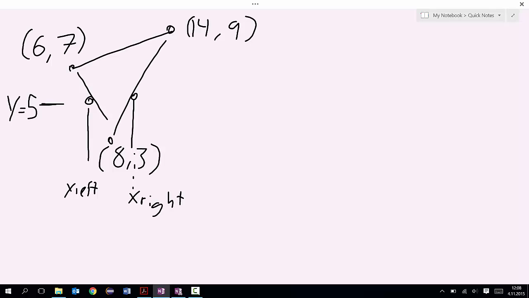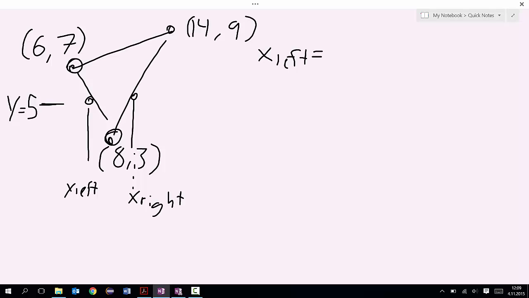So we know now that to find x left, we're going to be interpolating between this point here, which is P1, and this point here, which is P2. And the values we'll be using for the interpolation, to begin with, are the x values of the points. That is what we're interpolating.